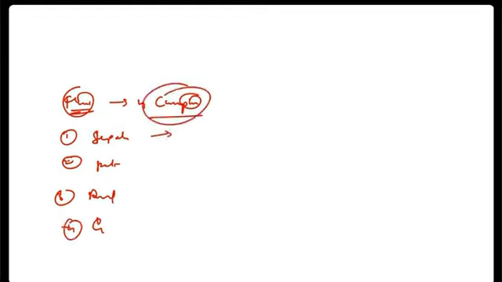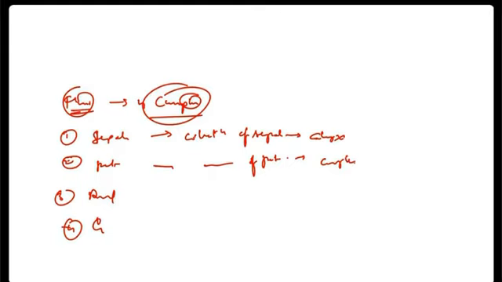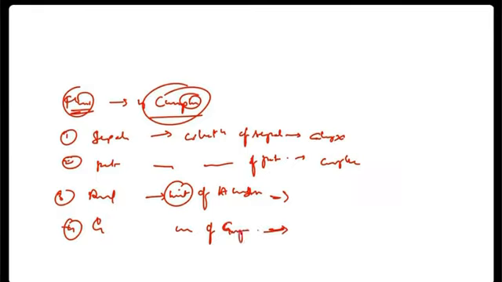The collection of sepals is called the calyx, and the collection of petals is called the corolla. And what is the androecium? What is the unit of androecium and what is the unit of gynoecium?